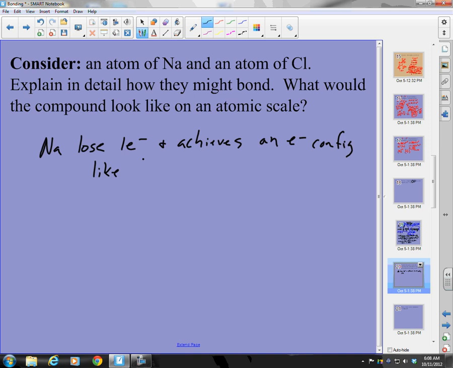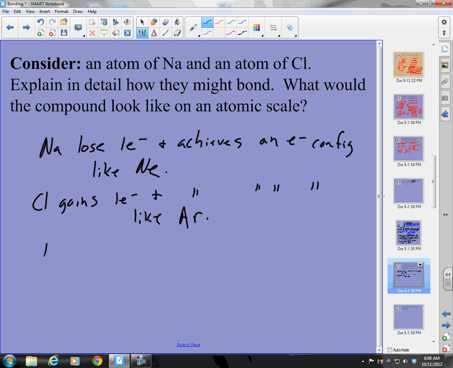Neon. Like neon. Good. Chlorine gains one electron and achieves an electron configuration like, okay, when chlorine gains an electron, it goes from 17 to 18. So that looks like it gains an electron configuration like argon.